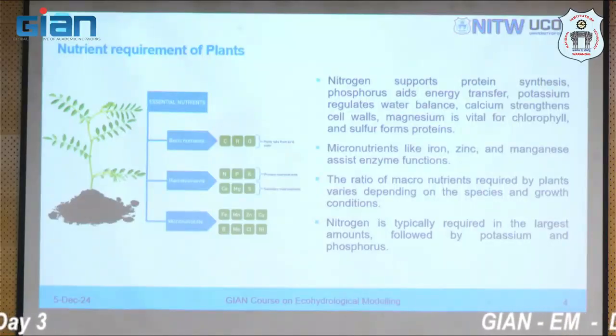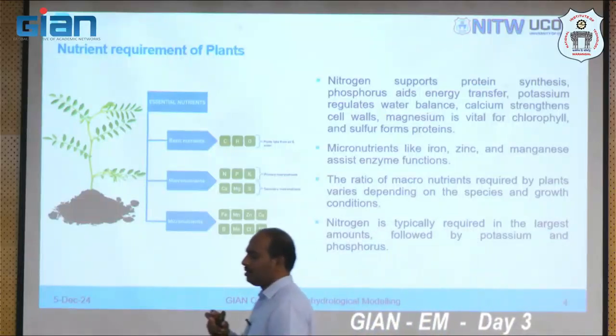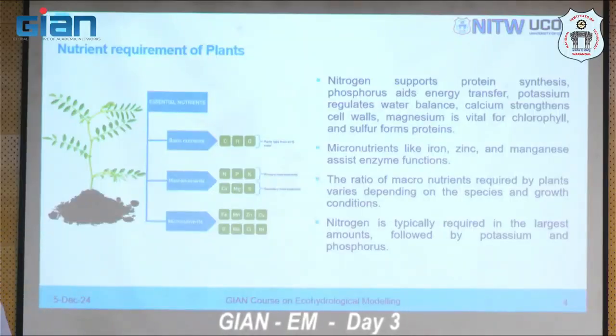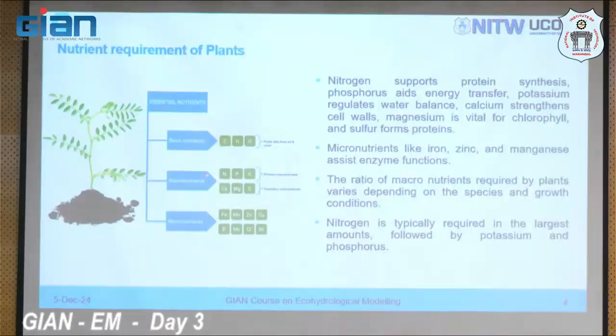Now among these macronutrients, nitrogen is required in larger quantities than any other nutrient. Nitrogen is the largest nutrient required by the plant, followed by potassium, and then other nutrients, phosphorus being among them.